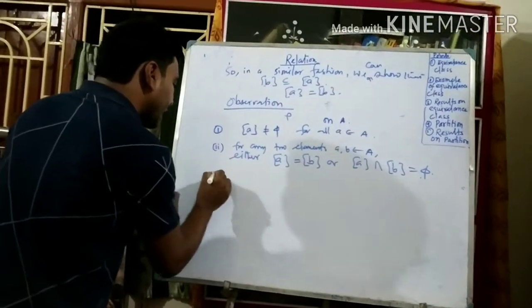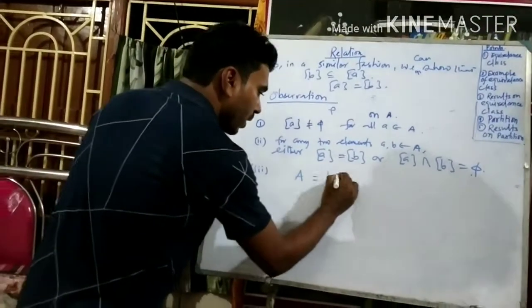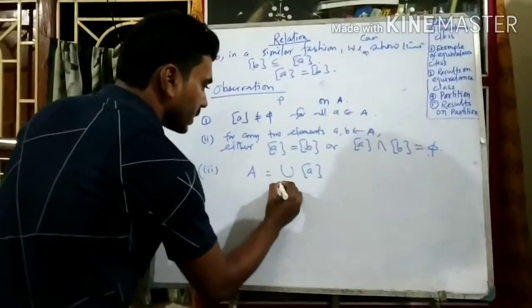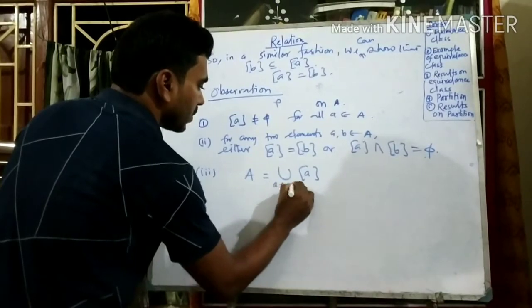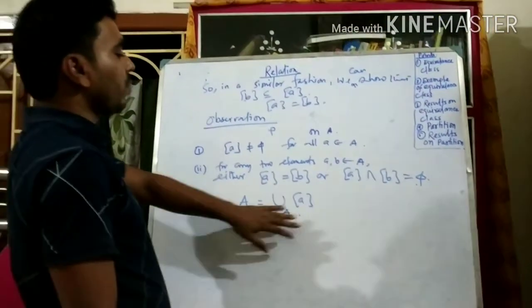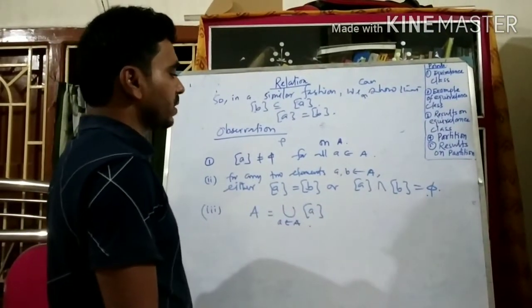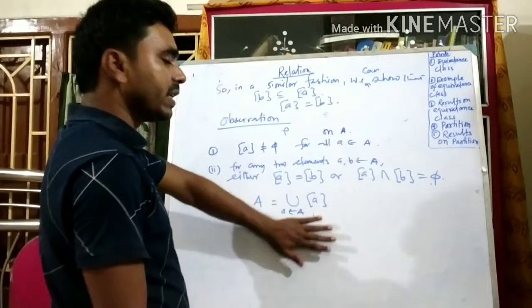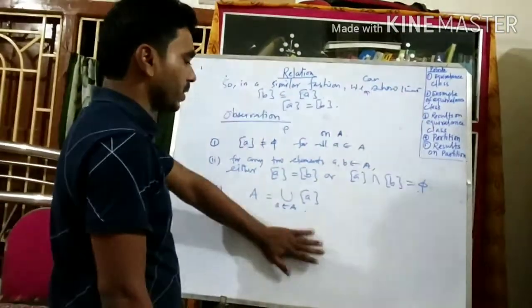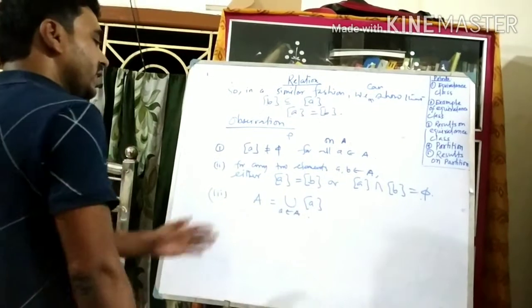Third observation is A will be equal to the union of all equivalence classes. A is the union of all equivalence classes. This is the third observation. We can easily check this one.